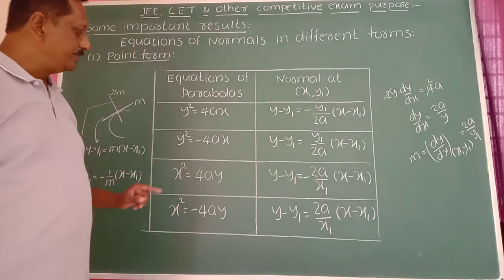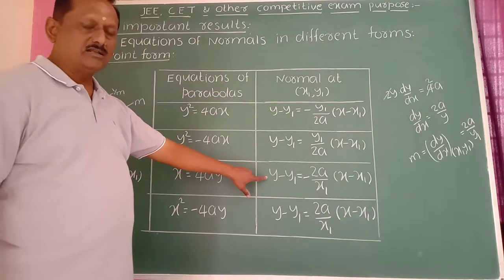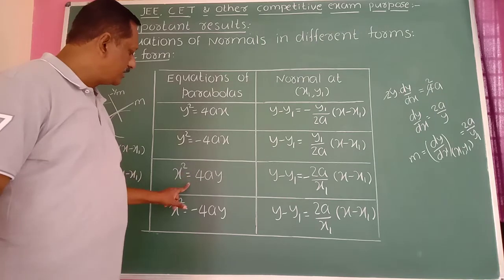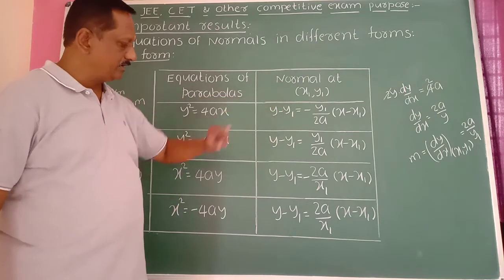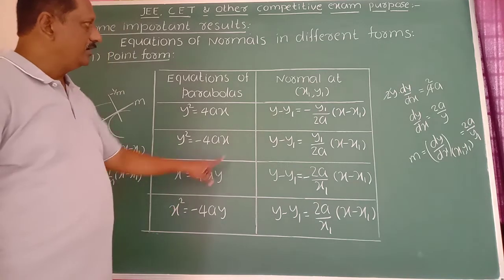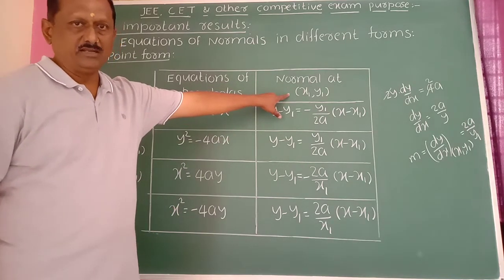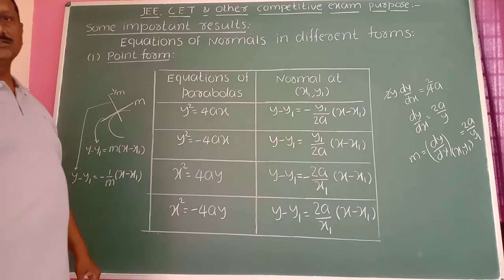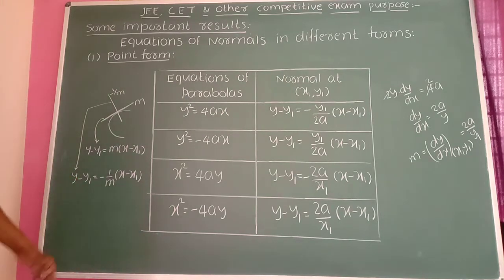Similarly, this is the equation of normal to this parabola at the point (x1, y1), and this is the equation of normal to this parabola at the point (x1, y1). You can use the differentiation method also. It is a very simple method. So this is the equation of tangent, and this is the equation of normal.